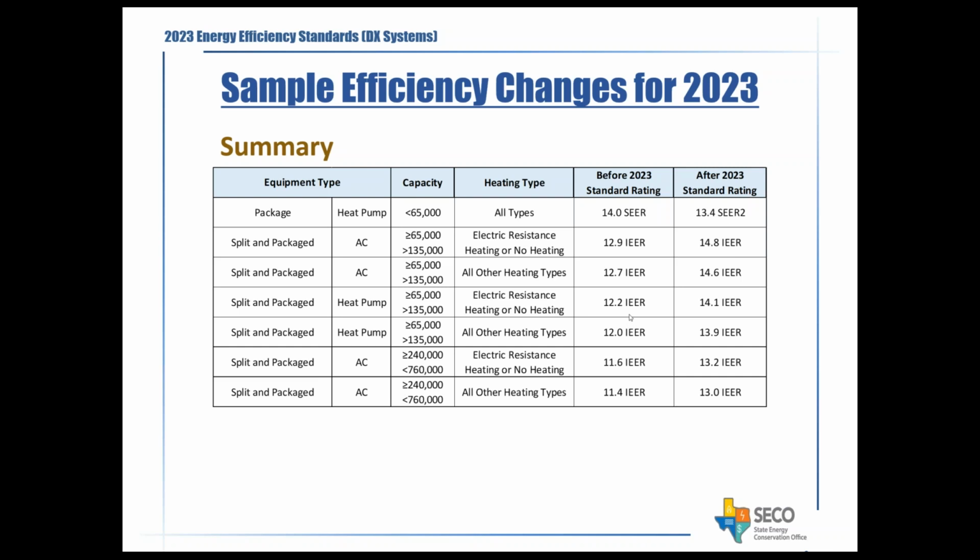In fact, the DOE estimates the new standard will result in cumulative reduction in CO2 emissions through 2030 amounting to close to 77 million metric tons, which is equivalent to emissions resulting from annual electricity use of more than 10.6 million homes. So these efficiency standards, when applied throughout the U.S., are going to result in significant CO2 emission reductions. So overall, good for the environment and more efficient systems.